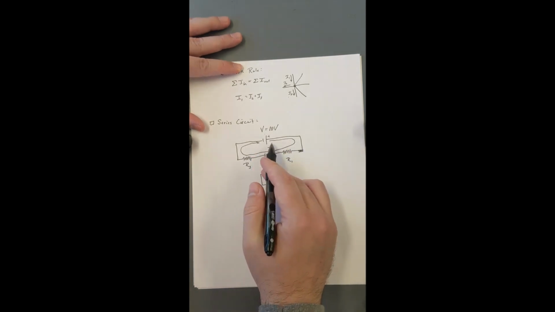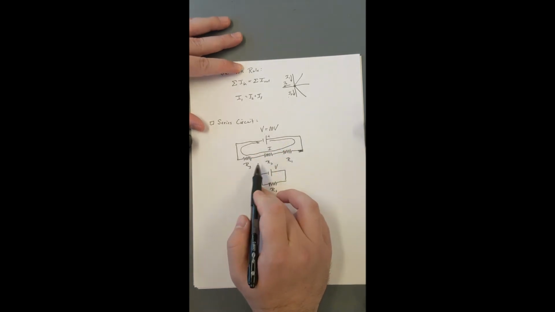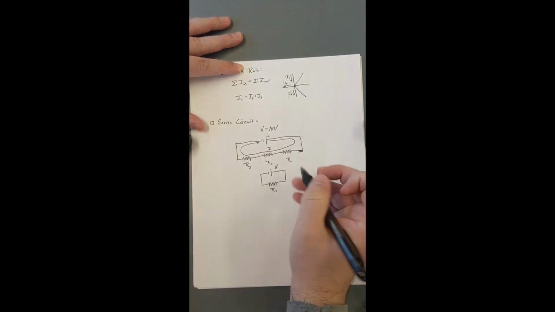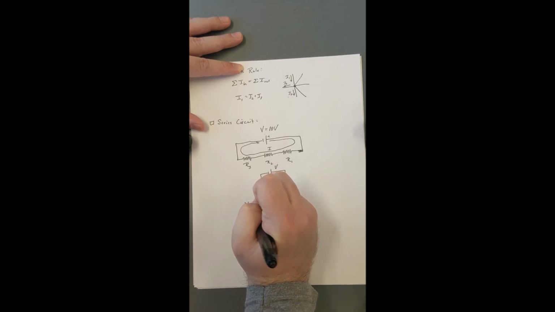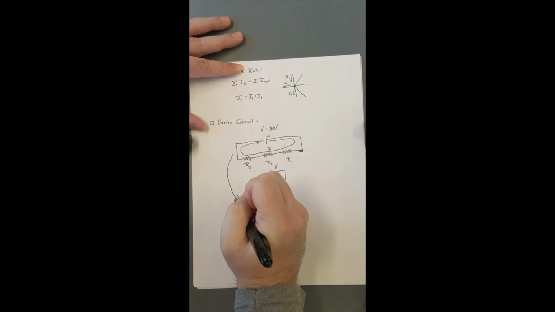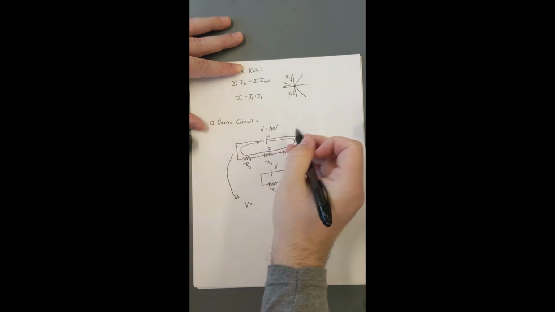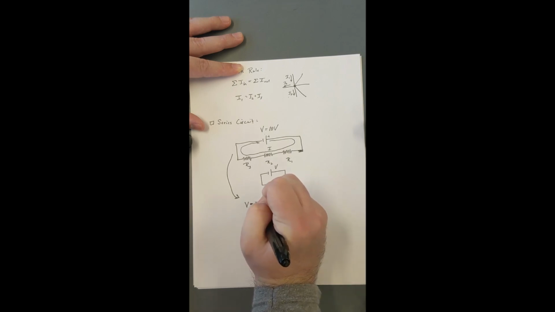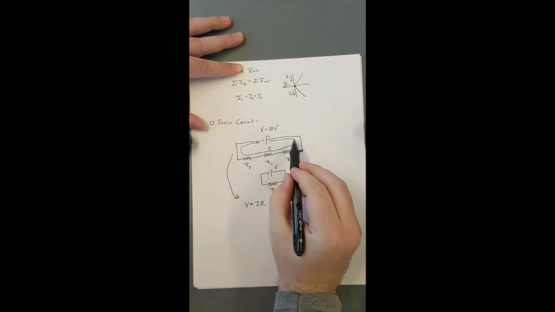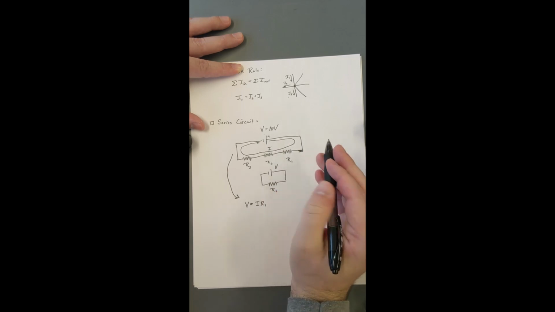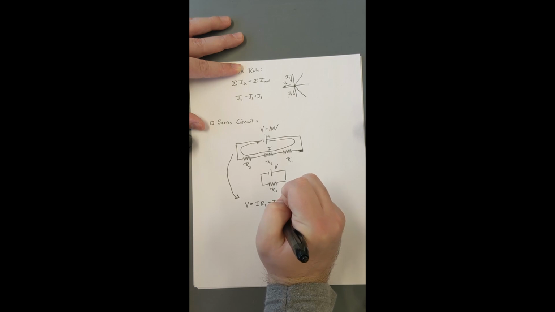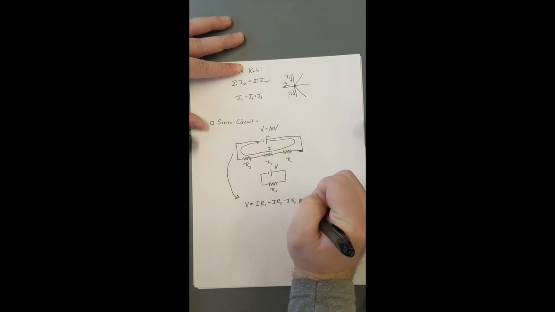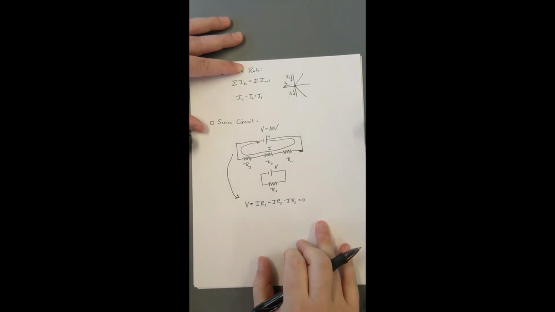We've defined our current flowing through R1, R2, and R3 as I, and our voltage V will be the same between the two. So here, from this drawing, we have voltage V, minus current flowing through R1 times R1, minus current times R2, minus current through R3, and as we said, this should equal 0.